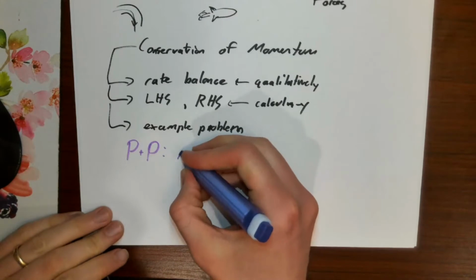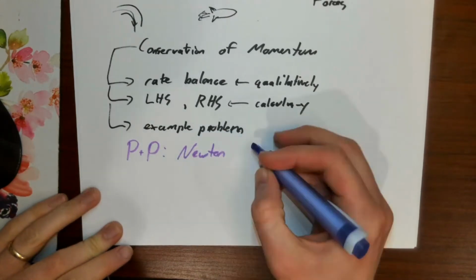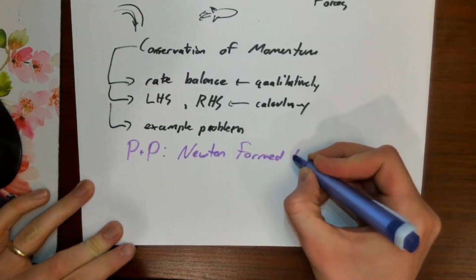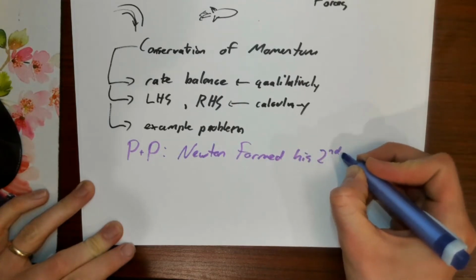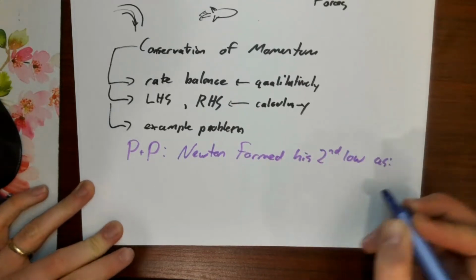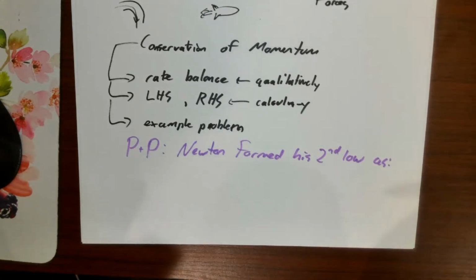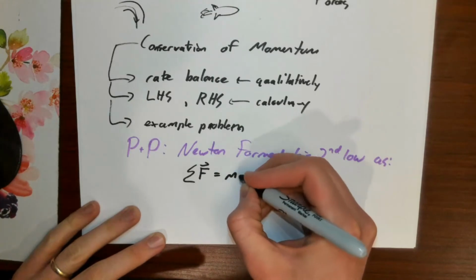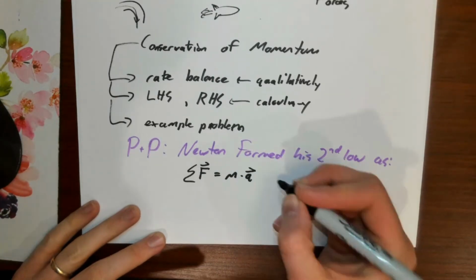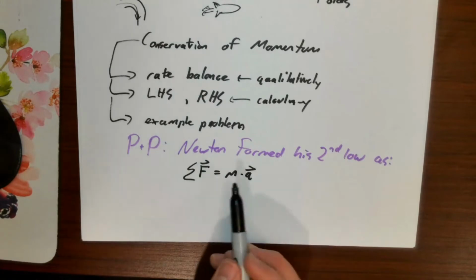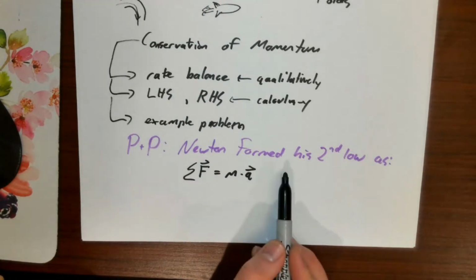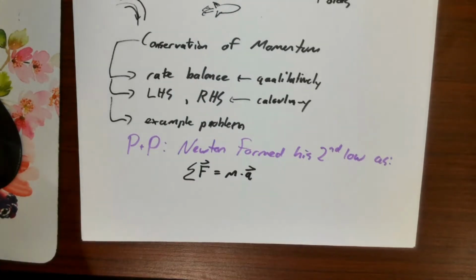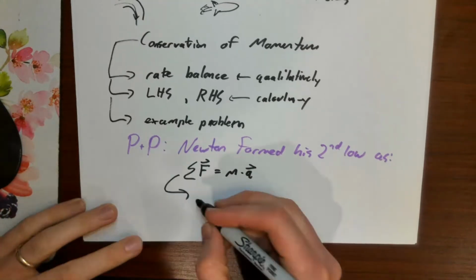The way Newton formed his second law as the following: sum of forces is equal to mass times acceleration. So, my pause and ponder, did Newton form his second law this way? Well, it turns out, not really. Not exactly.